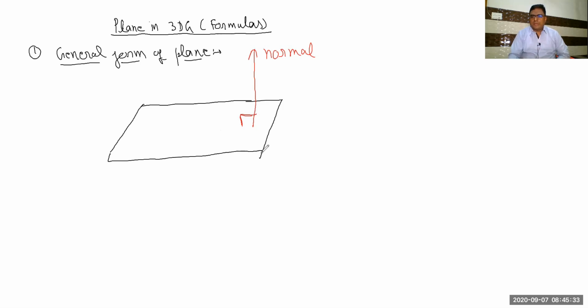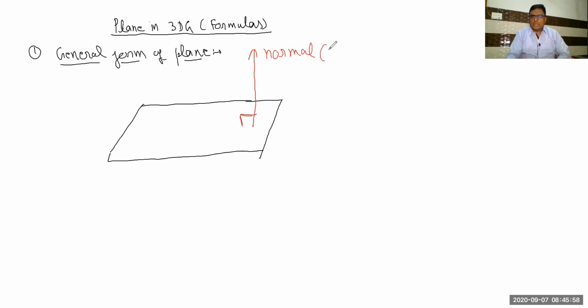And one thing you have to remember, normal can be drawn anywhere on the plane and even in opposite direction. If you want to draw the normal in this direction, even then no problem. So normal can be drawn anywhere and in any direction, but it must be perpendicular to the plane. That is the most important requirement of the normal.